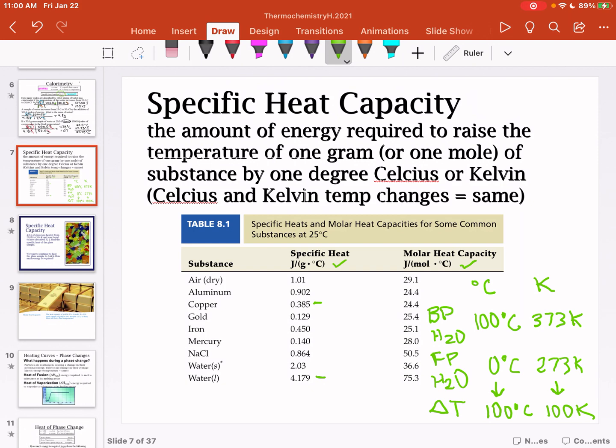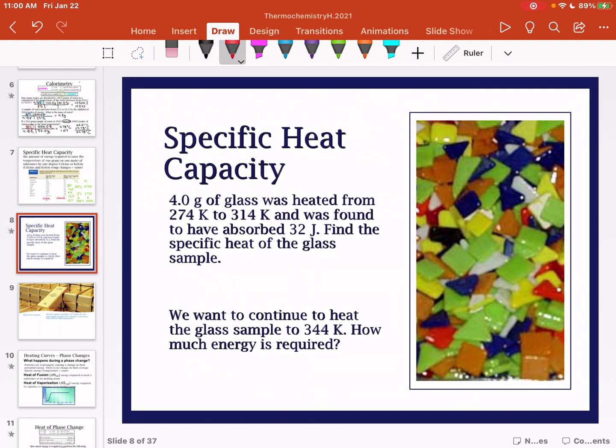So all of these units, I read them as J/gC as kind of a joke, because joules per gram degree Celsius and joules per gram Kelvin are the same thing. So I can call it J/gK and it works for both, or J/molK works for both. So I know that our delta T in Celsius and delta T in Kelvin are the exact same thing.